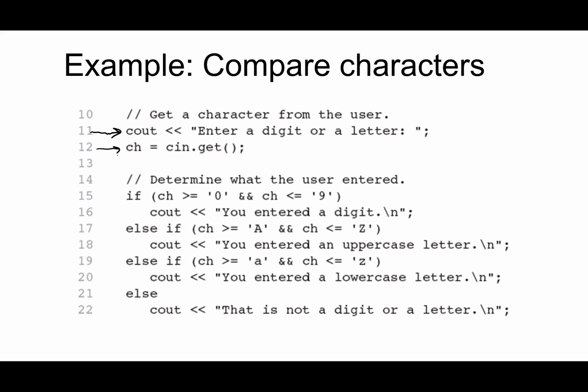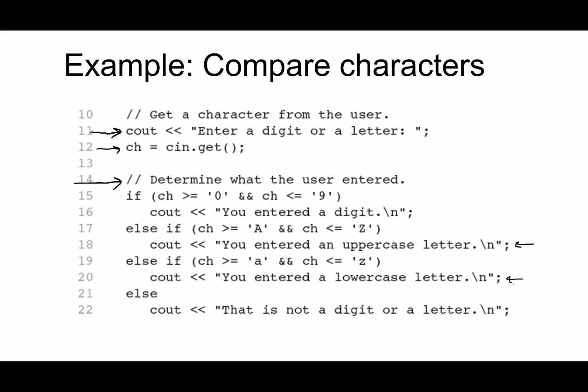They could enter a digit, anything between 0 and 9, or they could enter a letter. We want to determine what the user entered: did they enter a digit, an uppercase letter, or a lowercase letter?